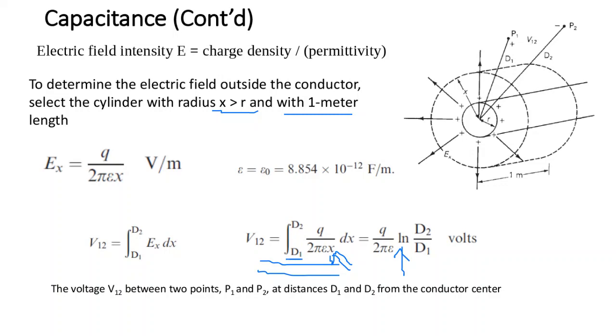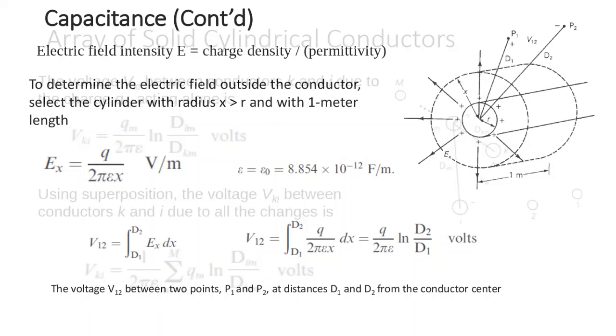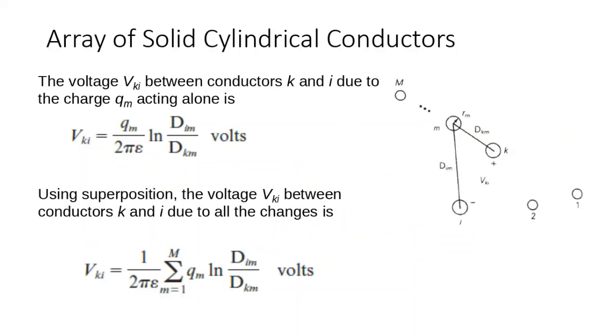And this is simply ln d2 over d1. Just to understand, because you are engineers and you need to know the theory behind these.